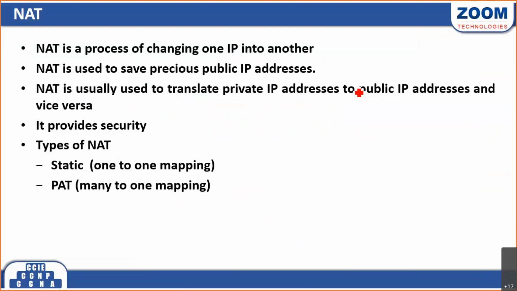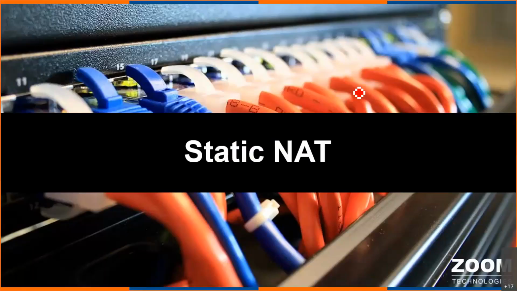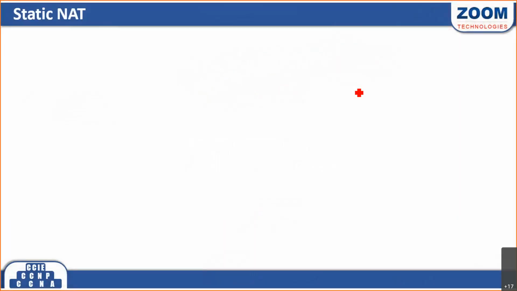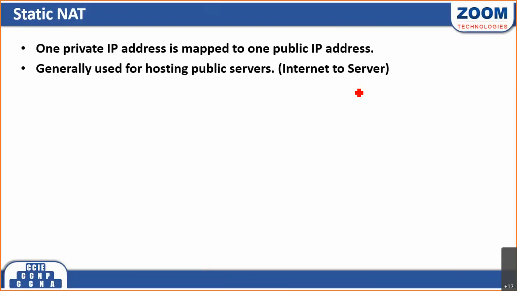In real time we use static NAT and PAT, mostly PAT and in some scenarios static NAT. So where do we use static NAT? We'll see that. In static NAT, one private IP address is mapped to one public IP address, a 1:1 ratio. Generally, static NAT is used for hosting public servers.